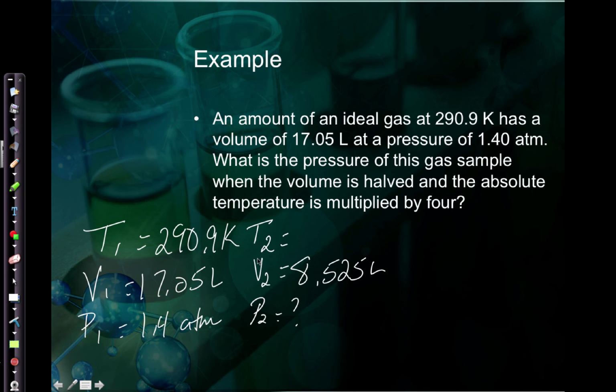The temperature, if it's multiplied by 4, would be this. So 290.9 multiplied by 4 gives me this. Okay, so I know that I have variables changing, so I know it's going to be combined gas law.